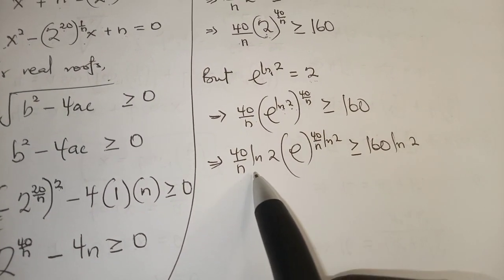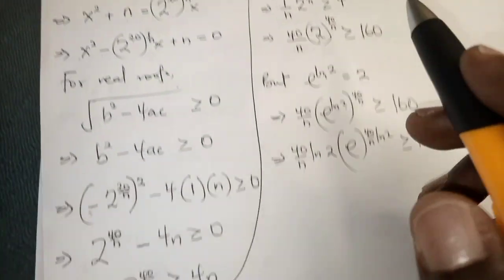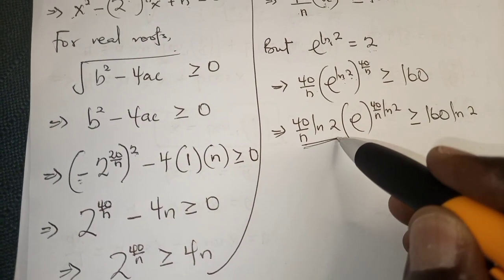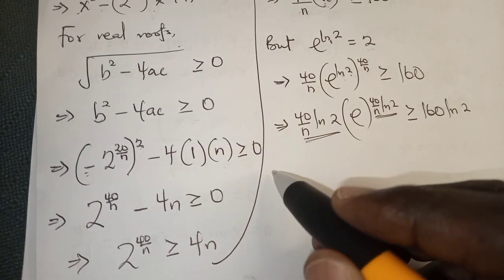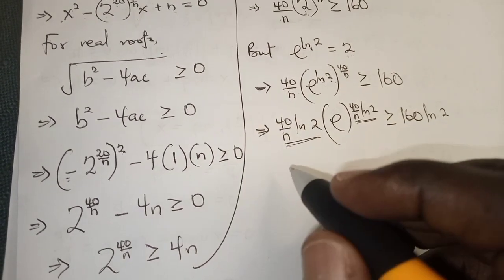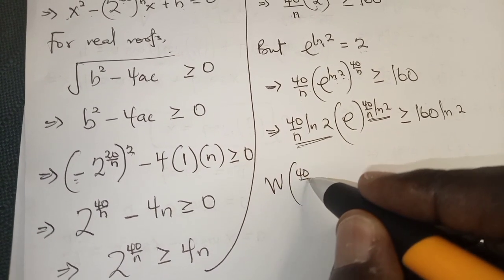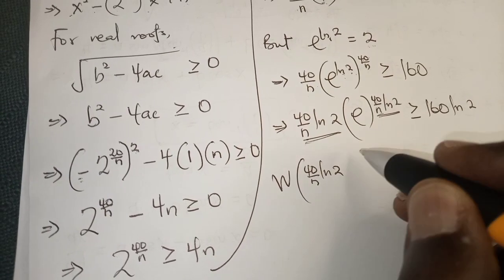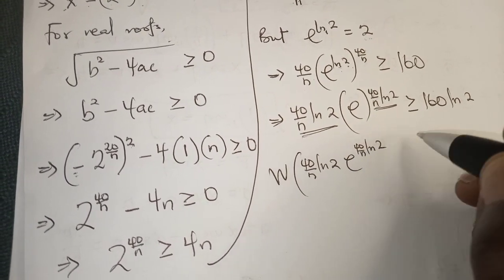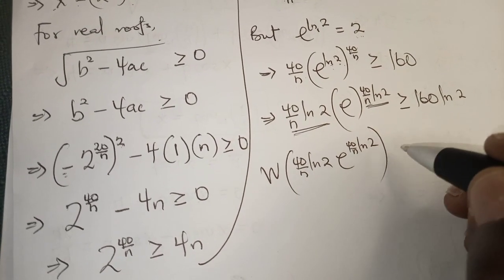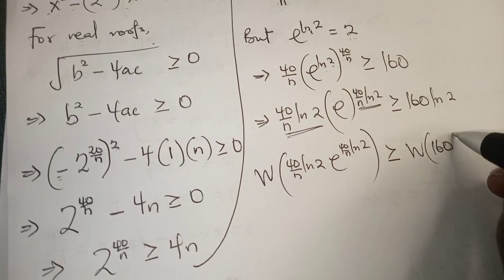Now comparing this to what we have here, you see that they're the same. So we now take the W function to both sides. W function to both sides: 40 on n ln 2 e for exponent 40 on n ln 2, we close, greater than or equal to W function of 160 ln 2.